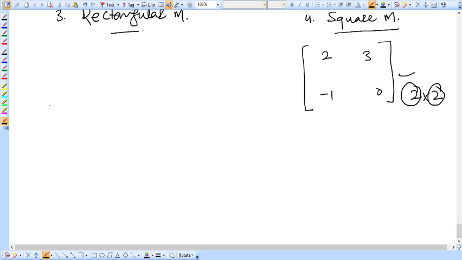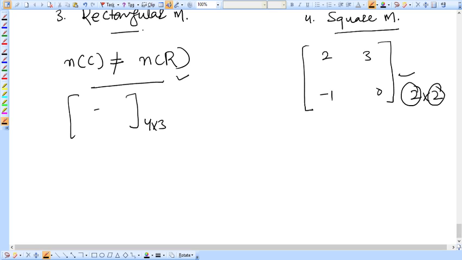And rectangular matrices are those matrices in which the number of columns is not equal to the number of rows, as we did earlier, the 4 by 3 matrix. You had four rows and three columns, but these two are not equal. Therefore, this matrix is rectangular.